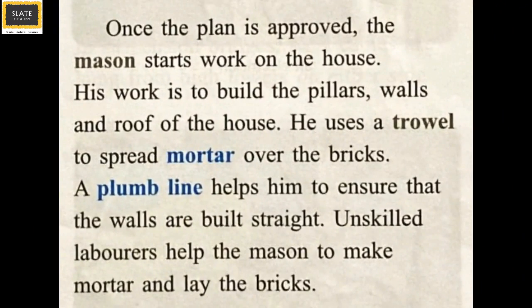Once the plan is approved, the mason starts work on the house. His work is to build the pillars, walls and roofs of the house. He uses a trowel to spread mortar over the bricks. A plumb line helps him to ensure that the walls are built straight. Unskilled laborers help the mason to make mortar and lay the bricks.